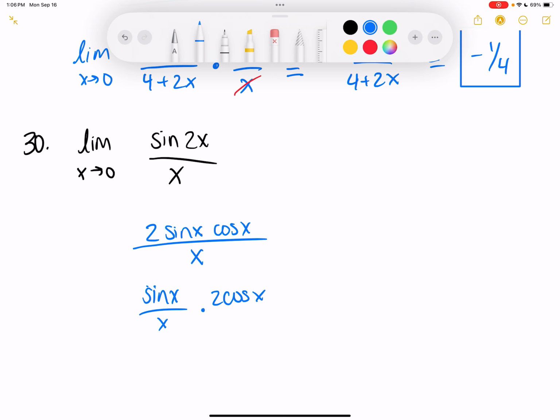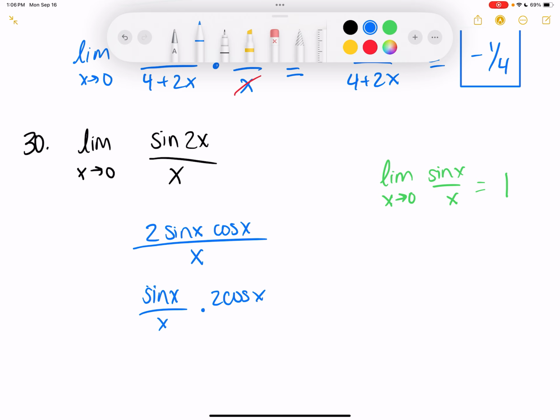So now, the other day I gave you something that looked like this, and I told you this was equal to 1. So now I can use my properties of limits.